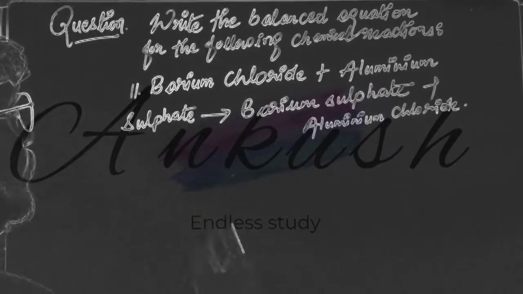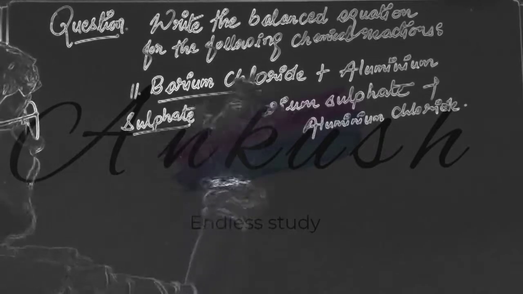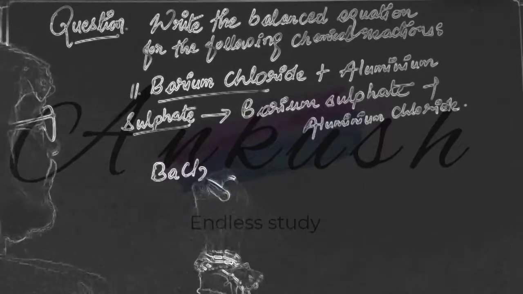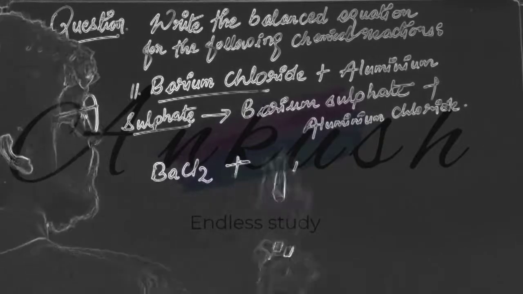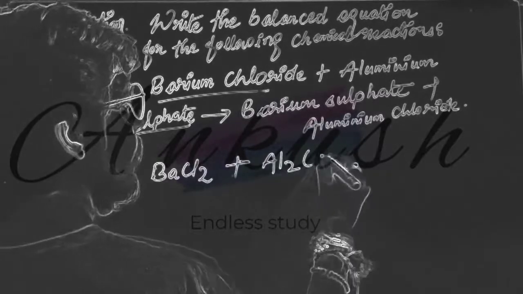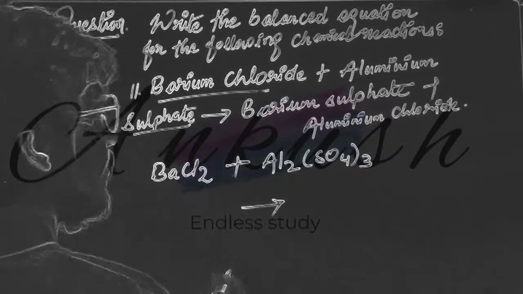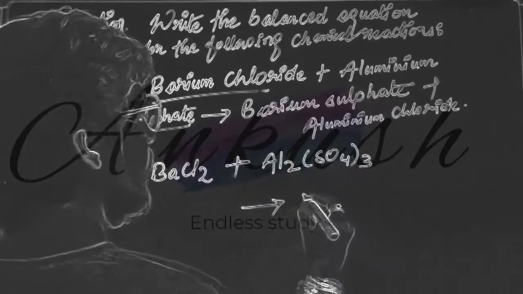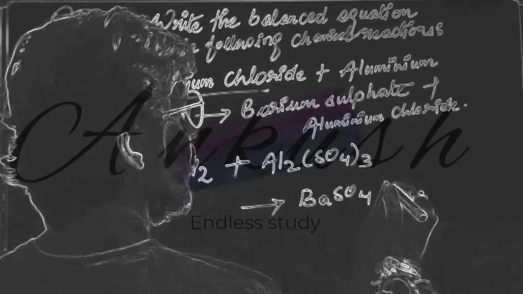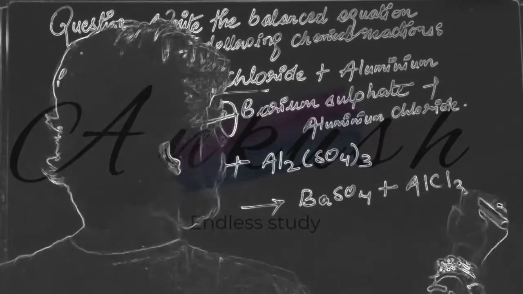So first you should know the formula of the following compounds which are written here. Barium chloride, that is BaCl2, plus aluminium sulfate, that is Al2(SO4)3, gives barium sulfate, that is BaSO4, plus aluminium chloride, AlCl3.